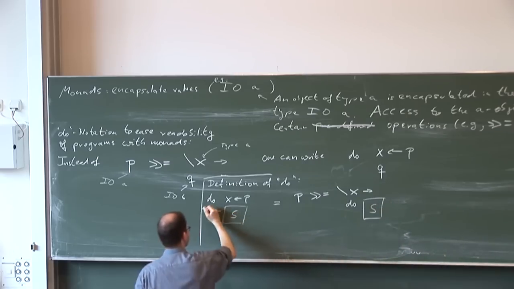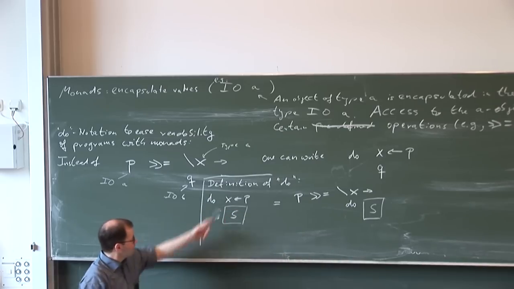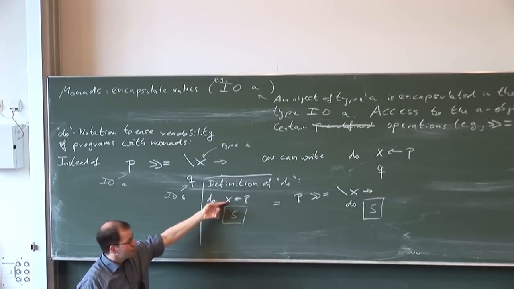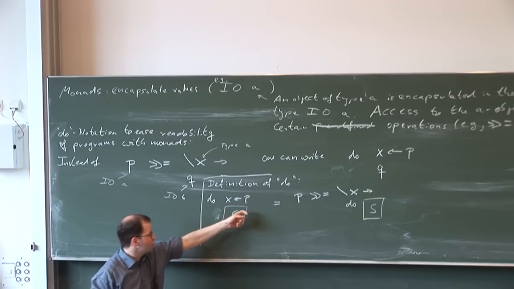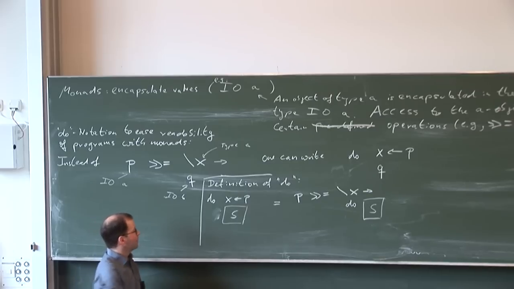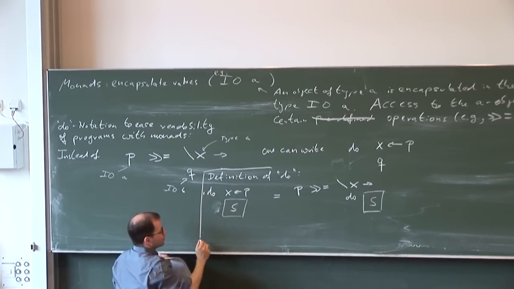I'll write this s inside here. So this is another sequence of such expressions where you either have variable arrow action or an action on its own. So this is the first case of the definition.